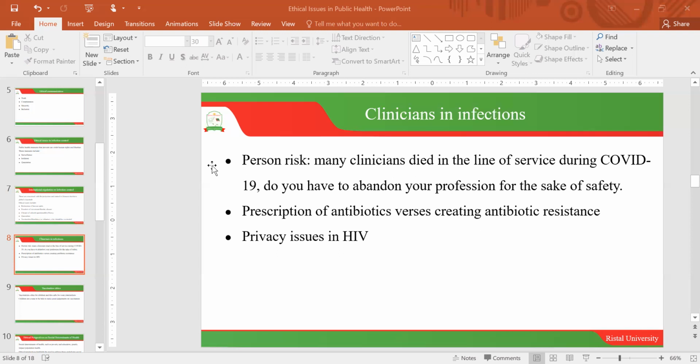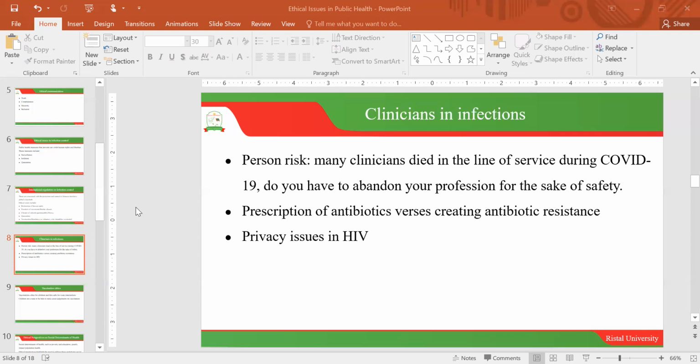As a health worker, do you disclose to the partner that your spouse or your partner is actually HIV positive and needs to take the test? So those are issues that are related to clinical practice and also ethics. Okay.